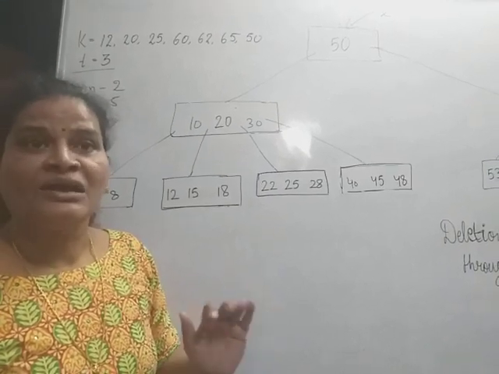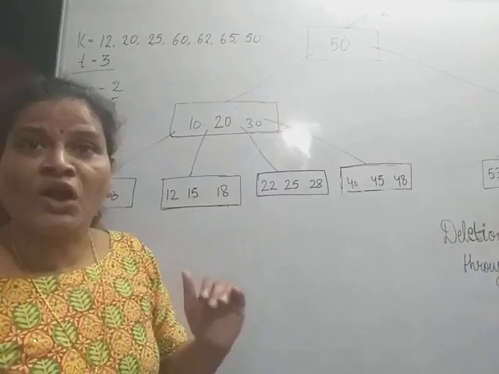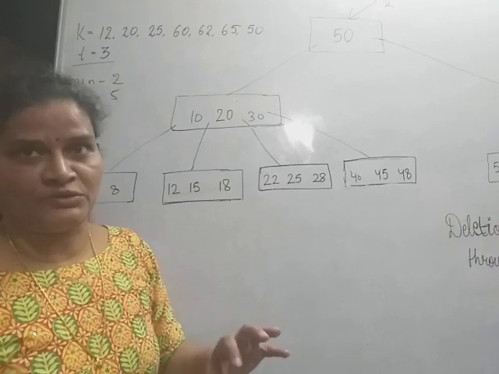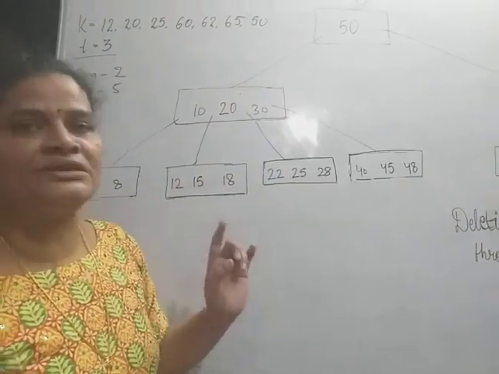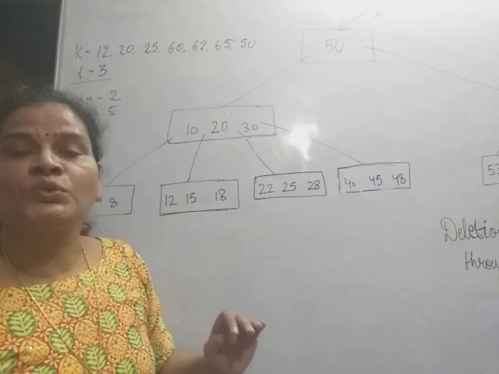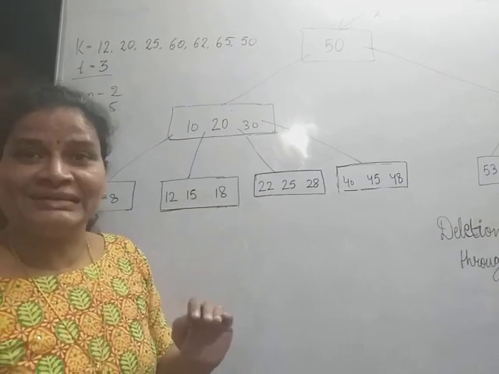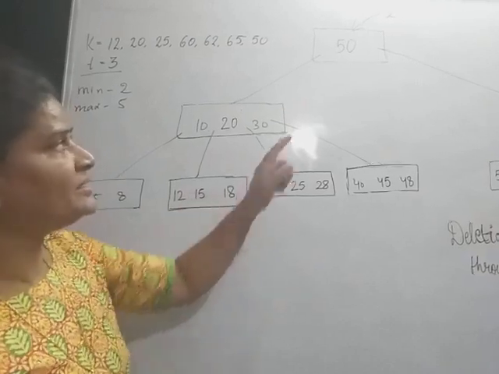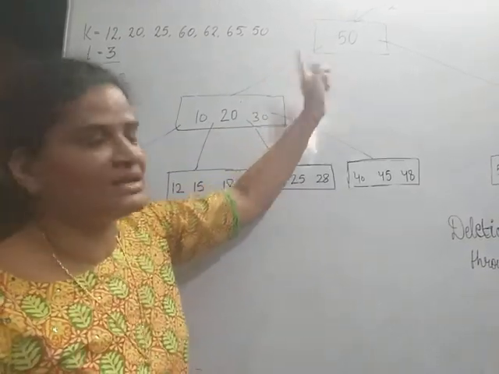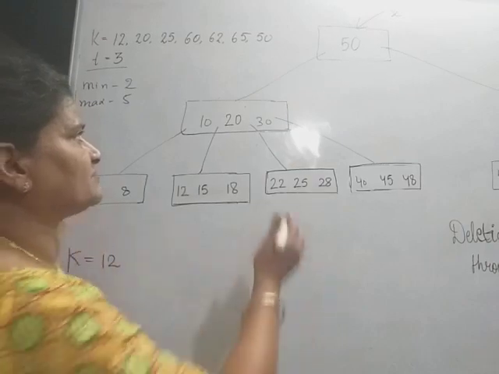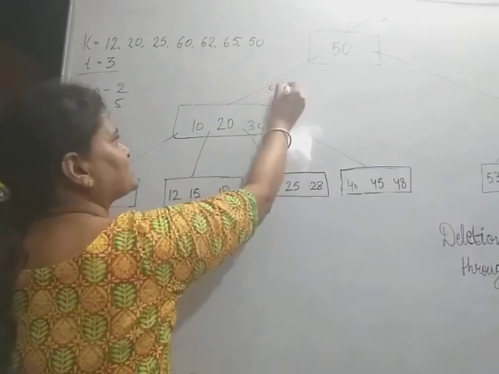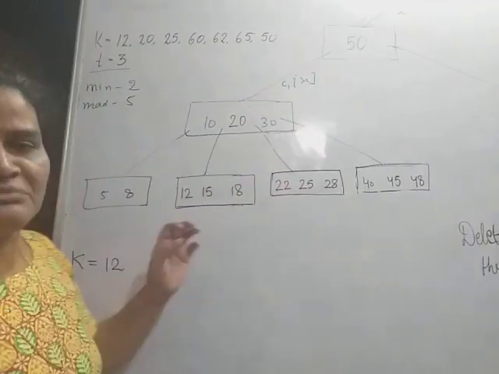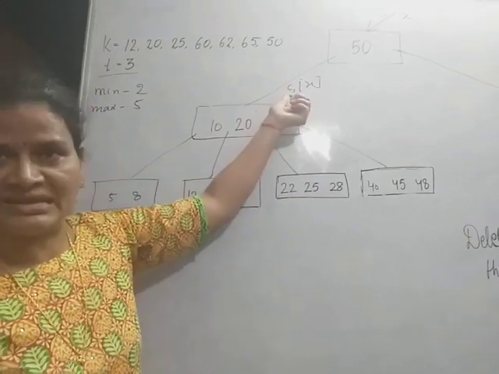The second case is when the key is not present in the internal node. So it will find the root of the appropriate subtree in which 12 may be present. Here 12 is less than 50, so the appropriate root of the subtree is C1x, where the value of i is 1.